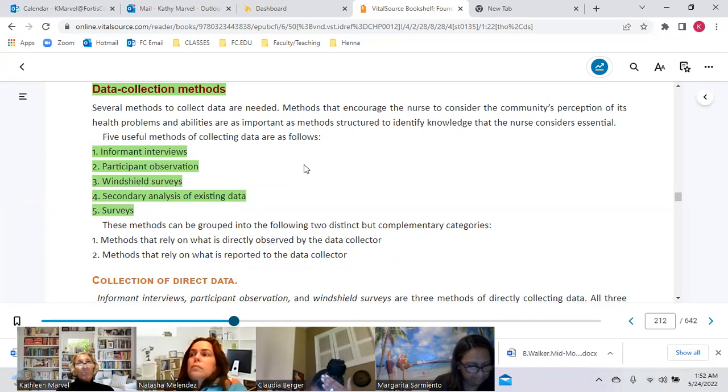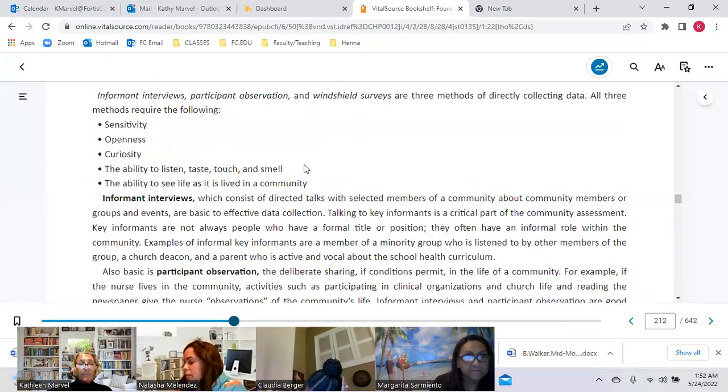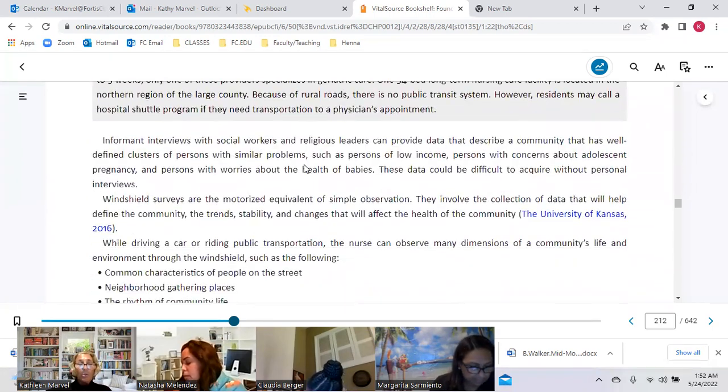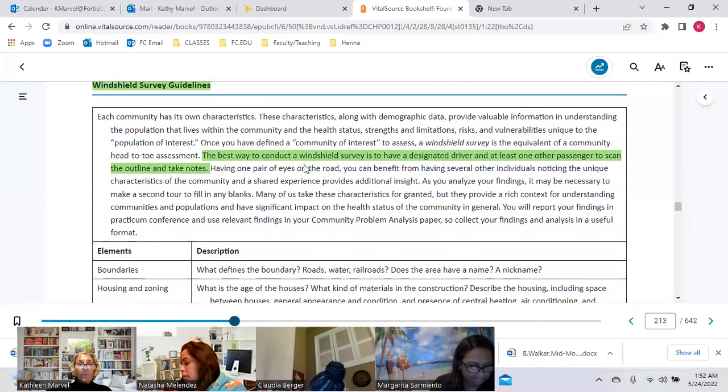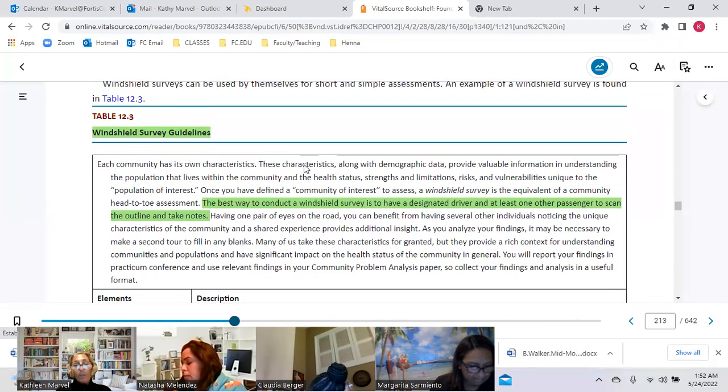Does it seem to be bustling or does it seem to be super quiet? Okay, that's how you do your windshield survey. You're observing right here. Table 12.3 is a good summary of windshield survey guidelines. So please know what a windshield survey is and be able to answer a question about a windshield survey and what it is.